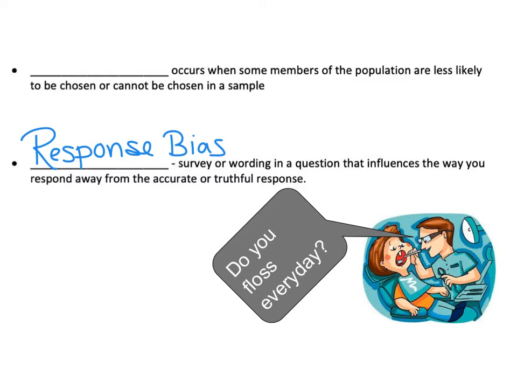For example, when I go to the dentist and he's ready to check out my teeth, and at some point he says to me in the cleaning process, "Do you floss every day?" Well, what am I going to say every single time? Absolutely, I floss every day, whether or not that's true or not.